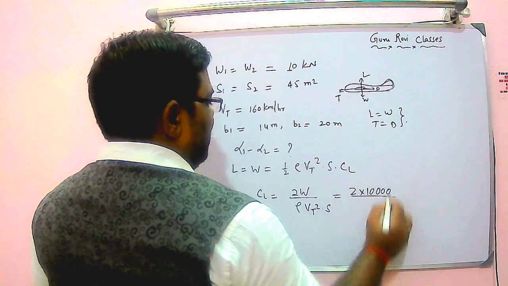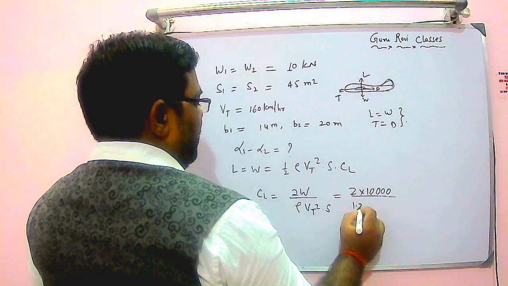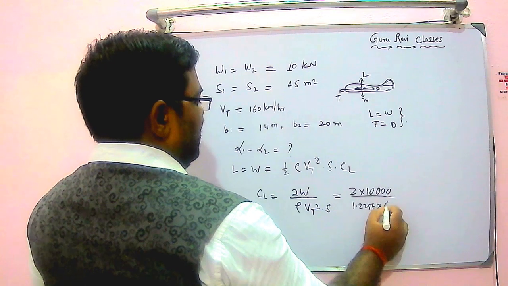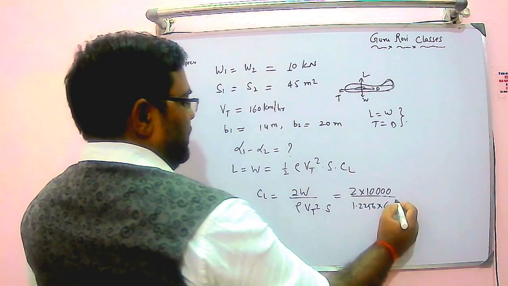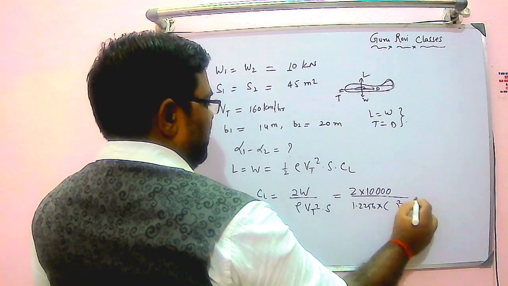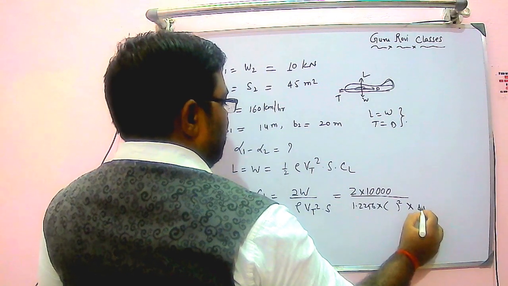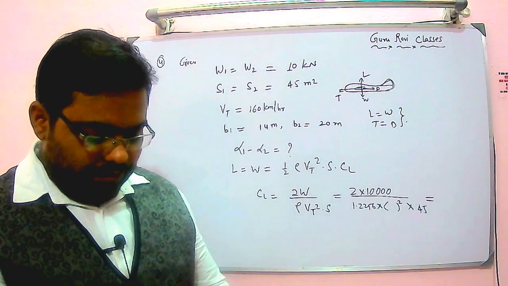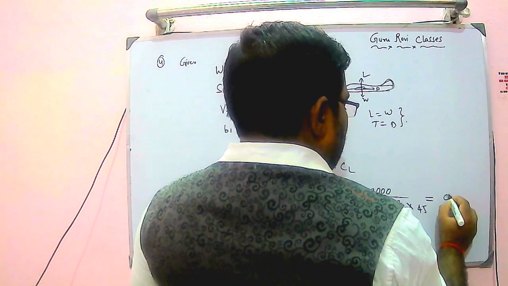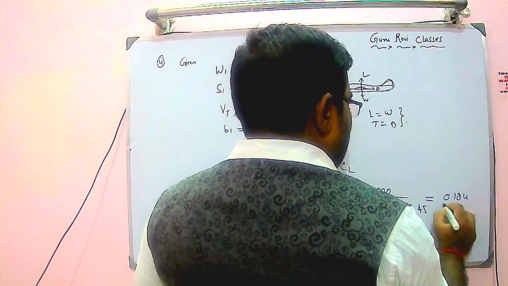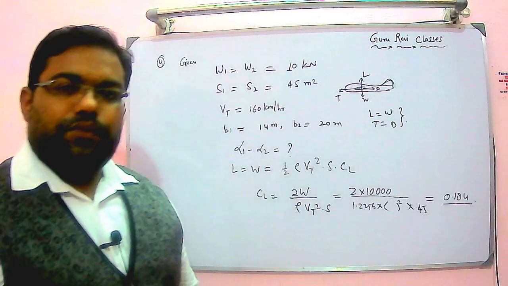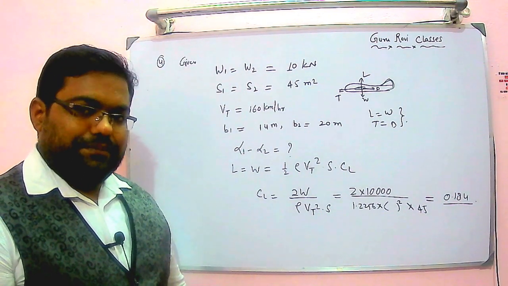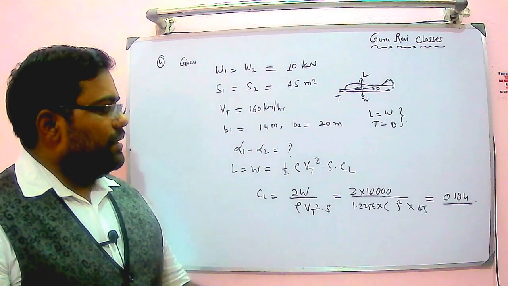Kilonewton becomes 10,000, divided by density 1.2256 into V true, you change into meter per second, put the value here, right? Whole square into wing surface area 45. If you put it, you will get the CL value, which is coming around 0.184. So this is the CL value for both CL1 and CL2, both are the same. Clear? Up to here there should not be any doubt.